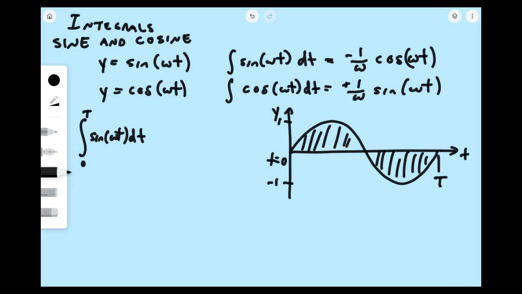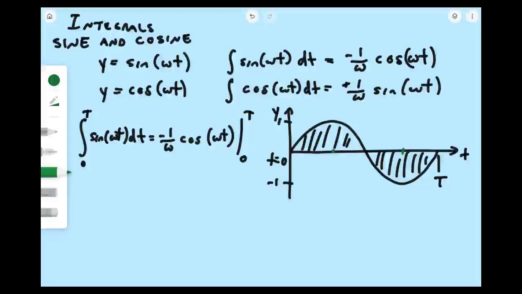The integral of sine omega t from 0 to period capital T is negative 1 over omega cosine omega t evaluated at 0 and T. So this is our definite integral.